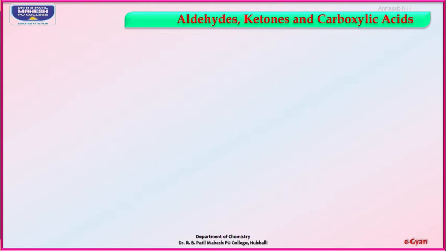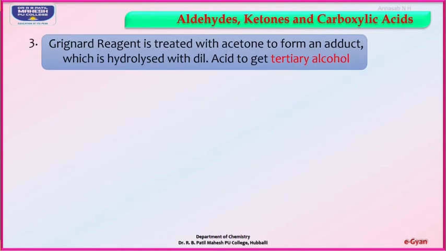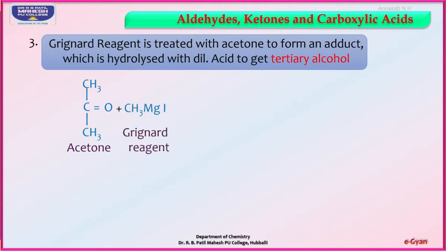Moving to another type of Grignard reagent reaction. In this case we consider a ketone, that is acetone, which is going to form tertiary alcohol. So we have acetone, CH3COCH3, that reacts with methyl magnesium iodide in presence of dry ether.